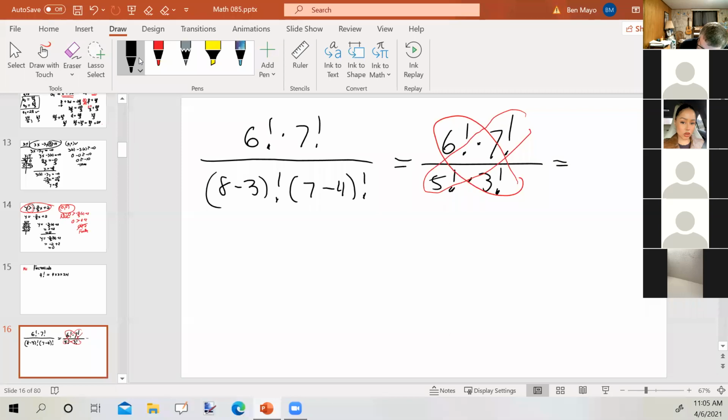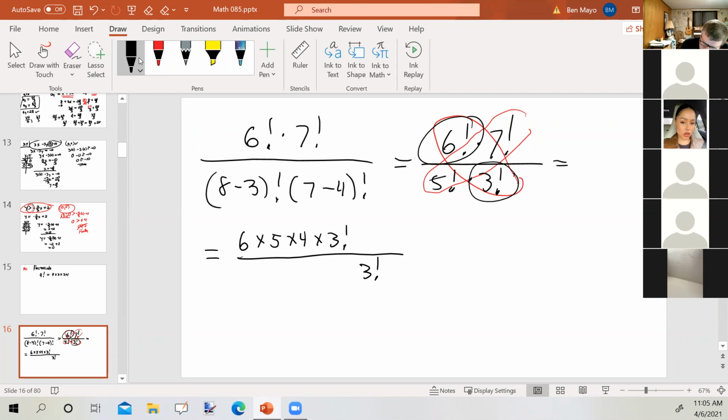I'm going to take these two and deal with them together, and these two and deal with them together. 6 factorial, I'm going to bring it down here. 6 factorial would be 6 times 5 times 4 times 3 factorial, and I'm going to have the 3 factorial in the denominator. So I expanded that enough to get to there. 7 factorial, I'm going to write as 7 times 6 times 5 factorial.